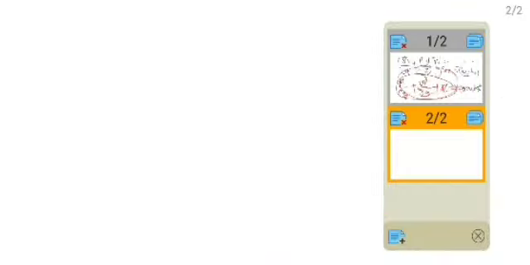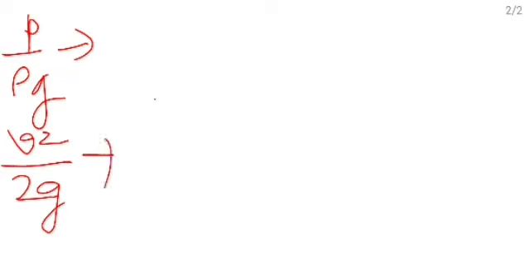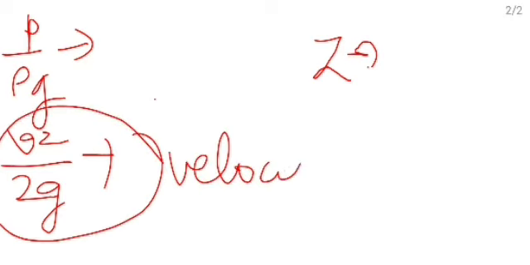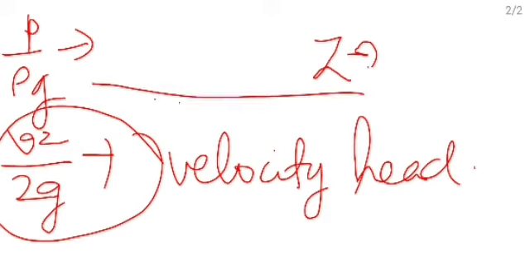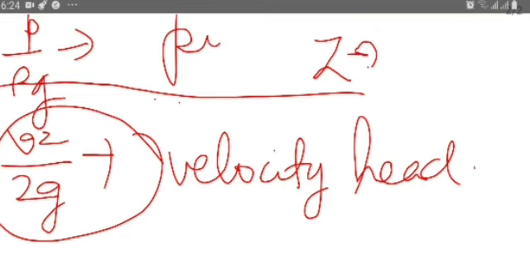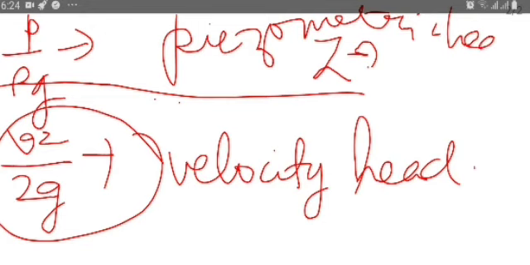So what does this indicate? P by rho G is a term, then v square by 2G another term, and z. So this is velocity head, the head or the energy possessed by the fluid due to its velocity. Now P by rho g and z, they both are together called piezometric head.